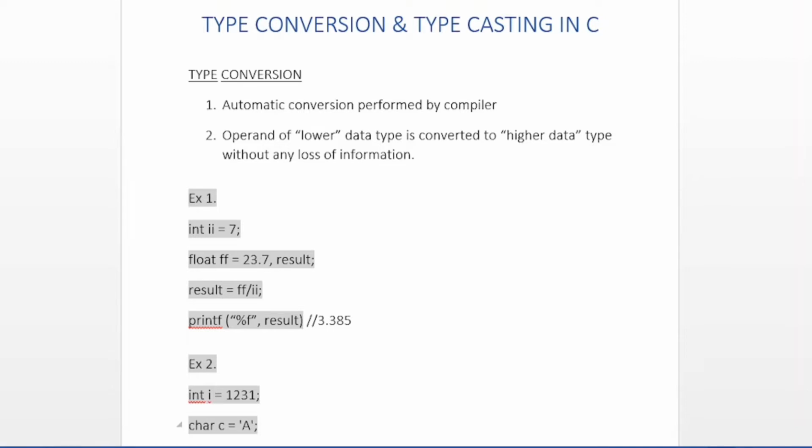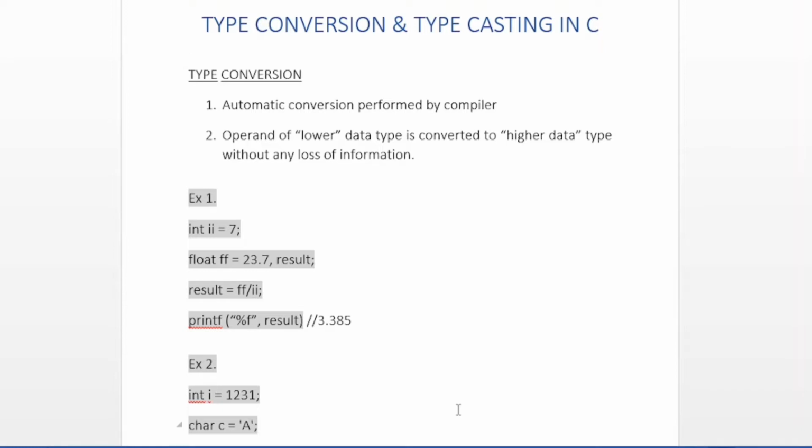Now, before performing the operation, the compiler ensures that these two types are converted into a common type according to some rules so that the operation could be performed correctly. So, now in C language, we have type conversion and typecasting. Type conversion is basically implicit typecasting.